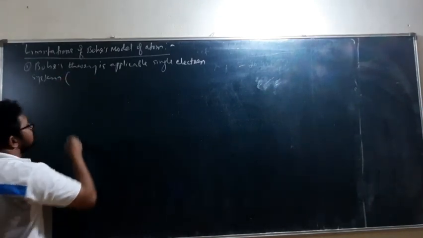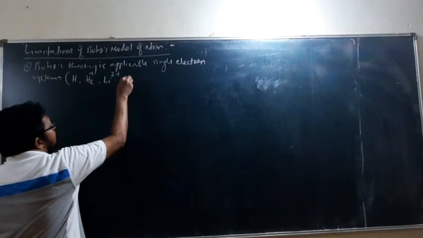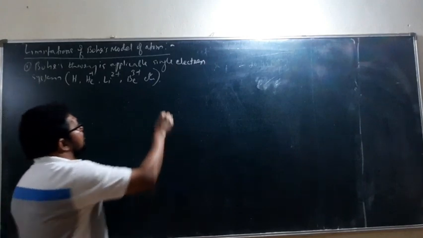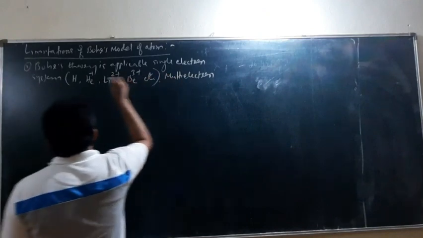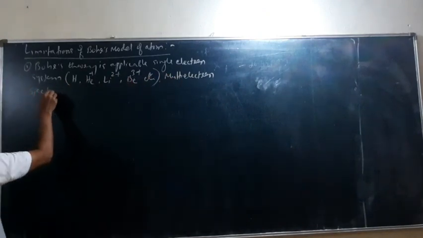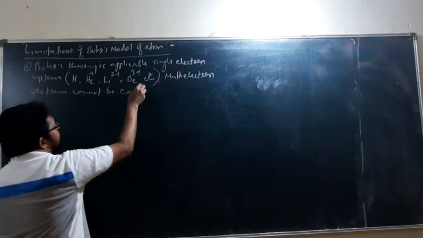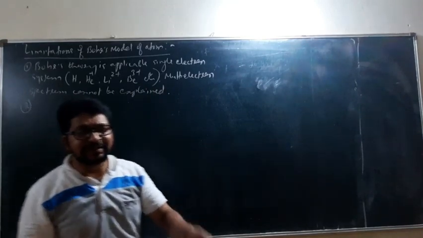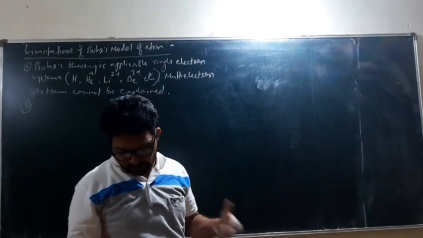Single electron system: hydrogen, He plus, Li2 plus, Be3 plus, atomic numbers 1, 2, 3 and so on. Multi-electron systems, more than one electron, or you can say the spectrum, cannot be explained. So Bohr's theory is applicable only to single electron spectrum. With multi-electrons, it is going to fail.